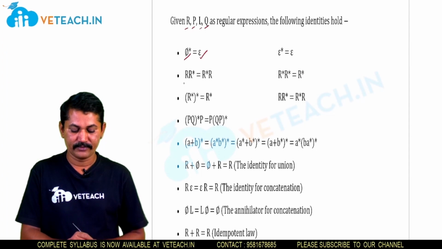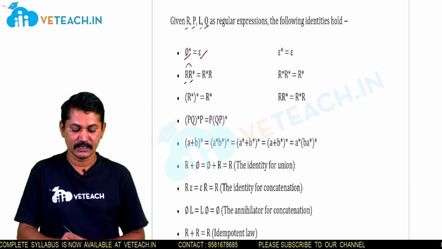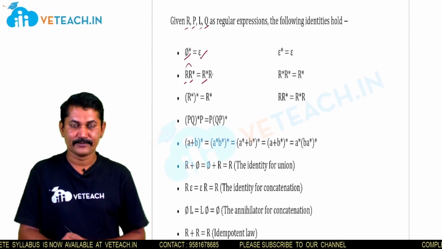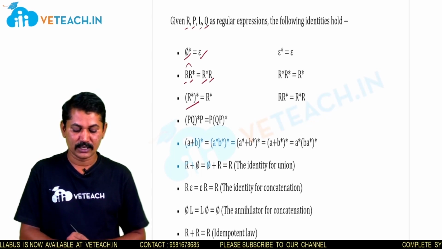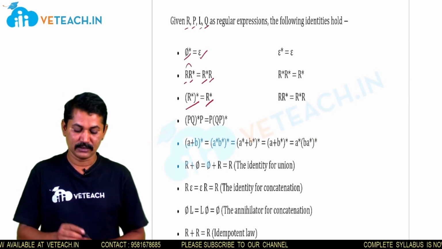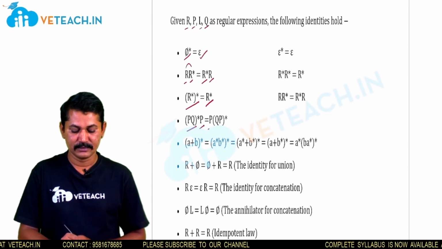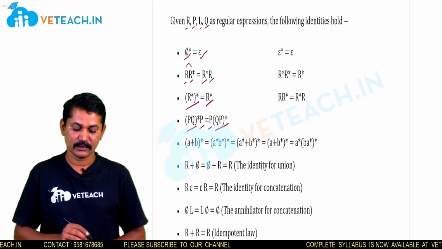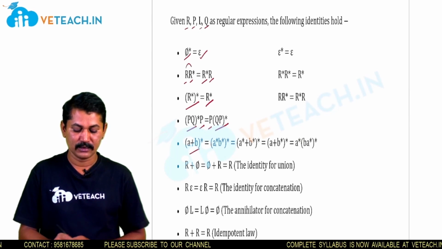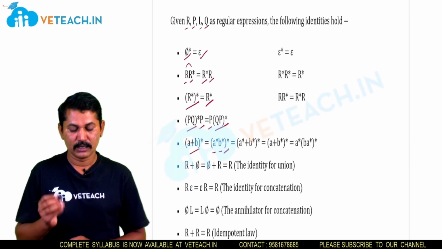The closure of a regular expression with concatenation is the closure of R and R. The closure of a regular expression is R closure. Next one is (PQ) closure P is P(QP) closure. Next one is (A+B) closure is equal to (A closure B closure) closure.